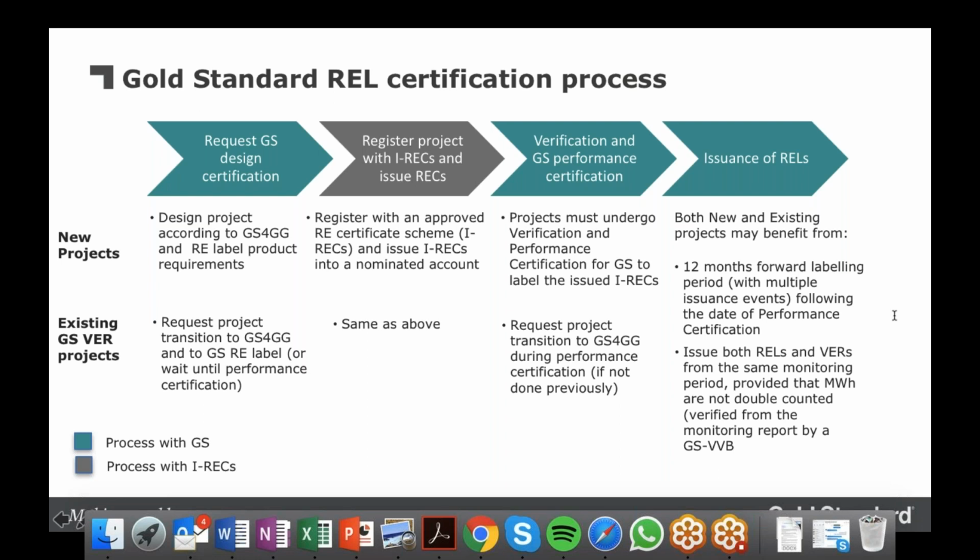This can also be done during performance certification, but at the time of performance certification, the I-REC needs to be issued. A project needs to go with I-REC, get its project registered, and get the issuance of I-RECs. For those that are not familiar with I-REC, the process for registration of a project and for issuance is quite straightforward.